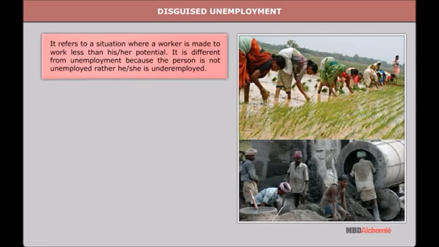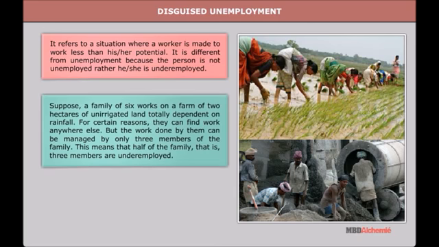Disguised unemployment. It refers to a situation where a worker is made to work less than his or her potential. It is different from unemployment because the person is not unemployed, rather he or she is underemployed. Suppose a family of 6 works on a farm of 2 hectares of unirrigated land totally dependent on rainfall.